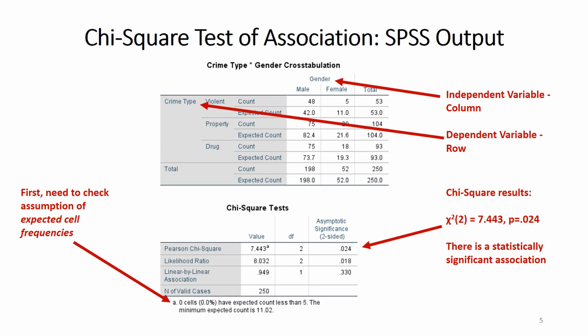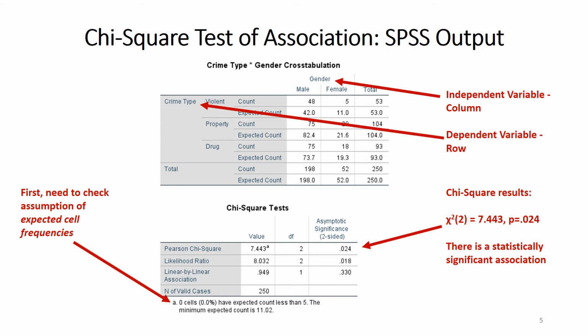In order for chi-square tests to provide valid findings, we need to make sure that none of the expected frequencies are less than 5. So I'll repeat that one more time. In a chi-square test, none of the expected frequencies should be less than 5.